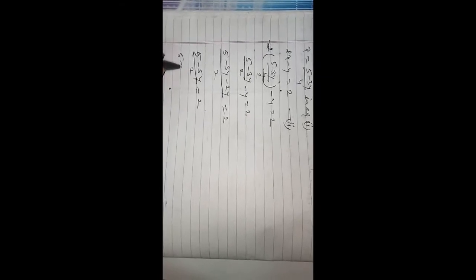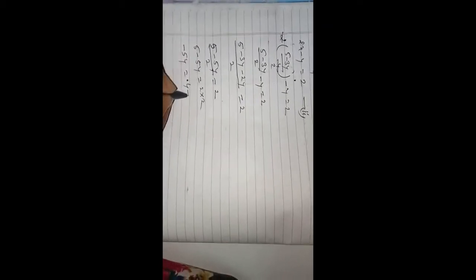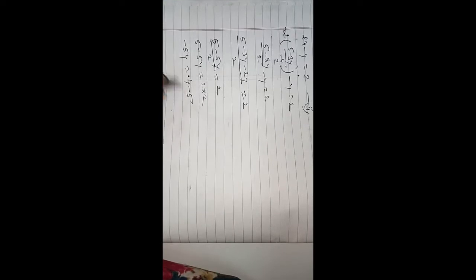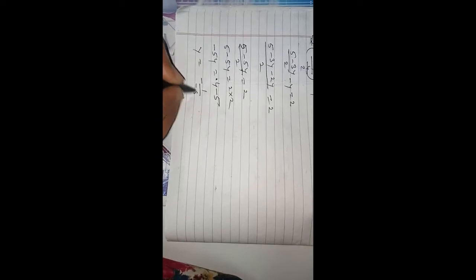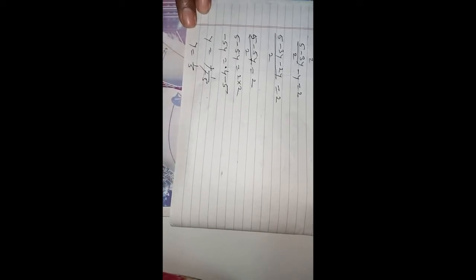So 5 minus 5y is equal to 2 into 2. Now minus 5y is equal to 4 minus 5. So y is equal to minus 1 upon minus 5. Minus cancels, y is equal to 1 upon 5.